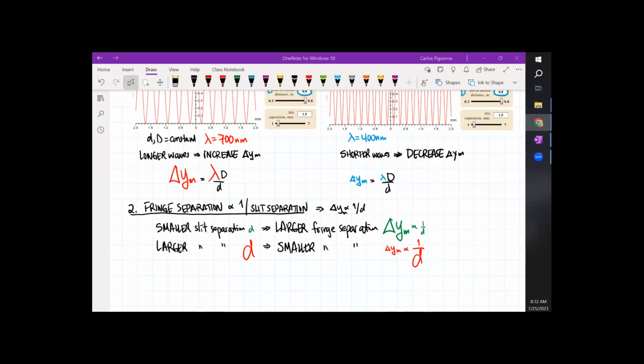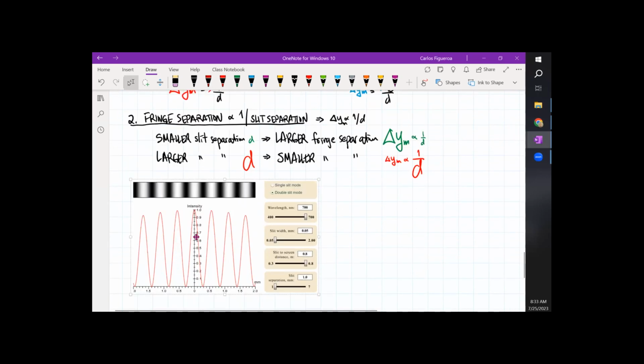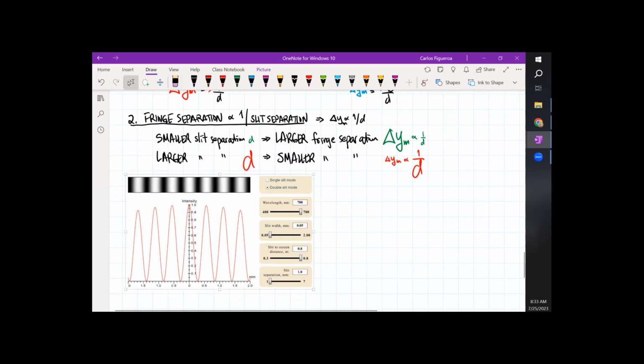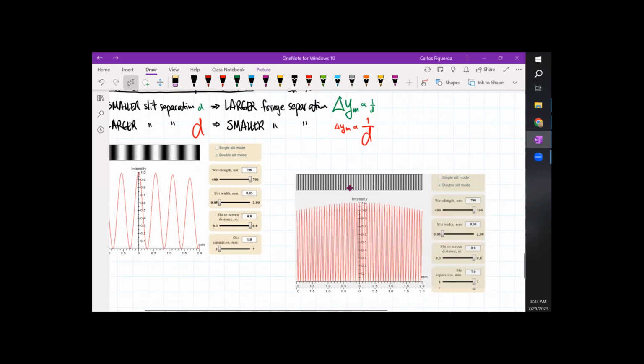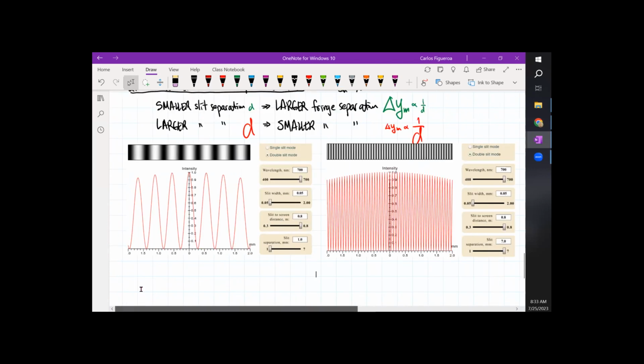Now, if I come back to my screen here, I'm going to copy the images of that applet that I really like, and then show you what I mean. So what am I seeing here?